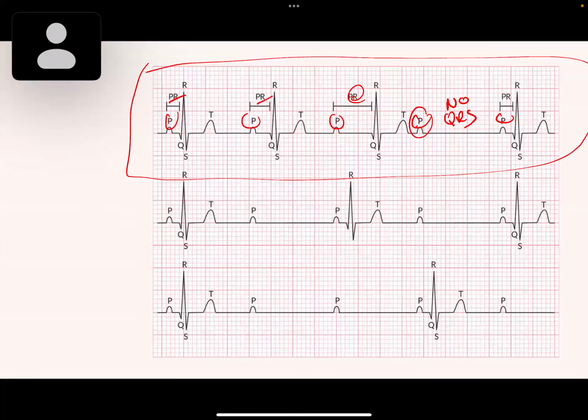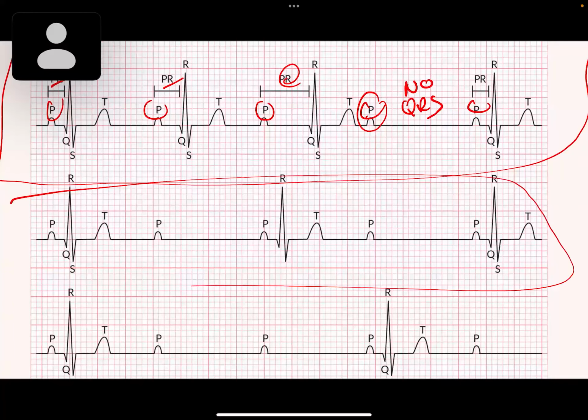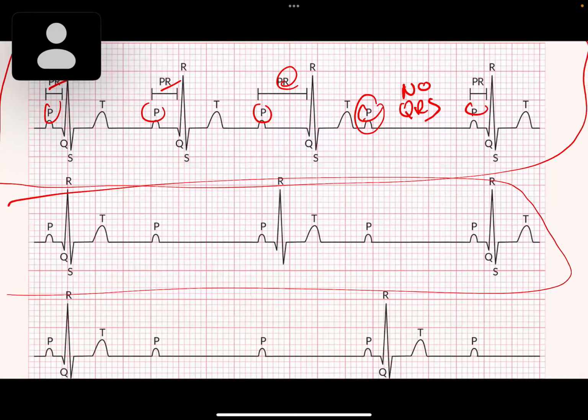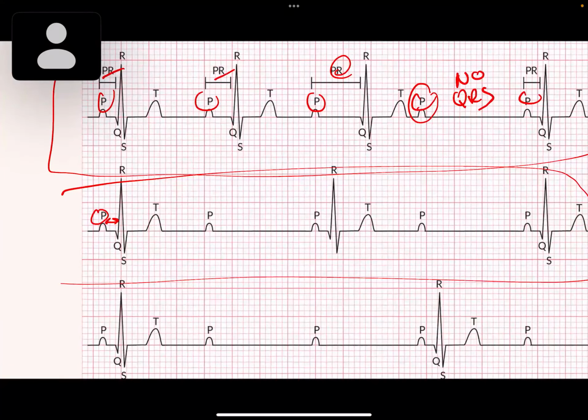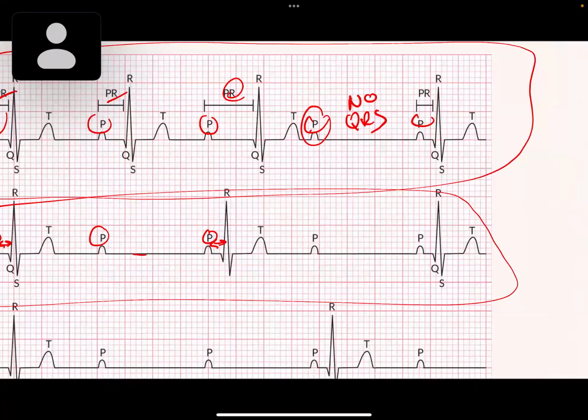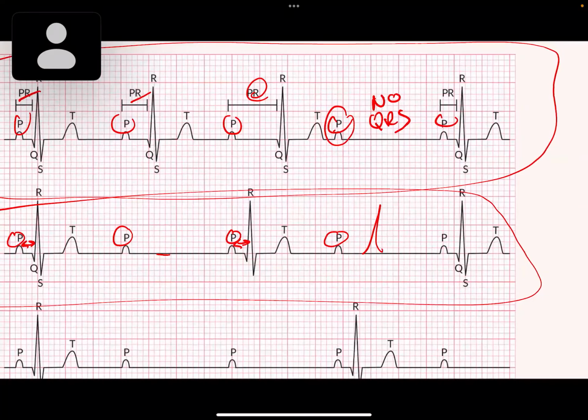So if we take a look at the second part. So we have the P wave here. The PR interval is normal in the first beat. And then we have the P wave here. And then there's suddenly no QRS complex. And then the P wave here with a normal PR interval. And then another P wave with no QRS complex.